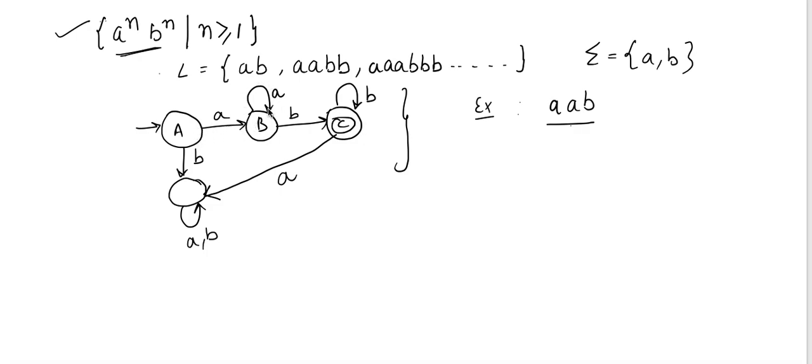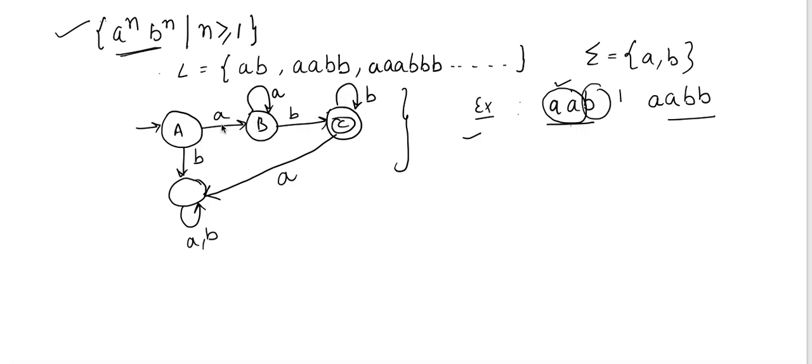A and then b, it will accept it, but in the language we don't have this, because the language is saying that if the number of a's is 2, then b's should also be 2. Here the number of a's is 2 and the number of b's is only 1. So what should I do?